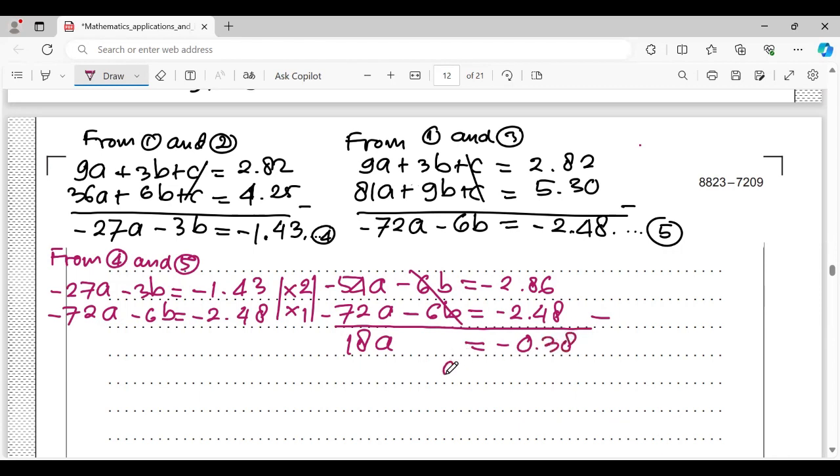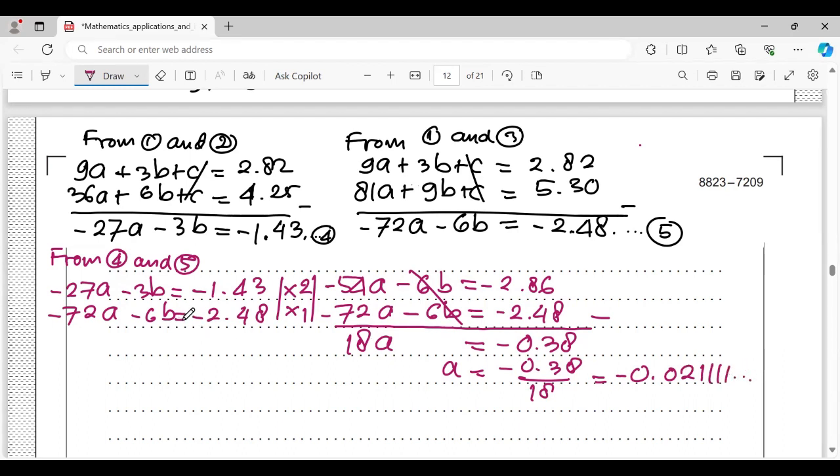So a equals minus 0.38 over 18, which is minus 0.021111, and so on.